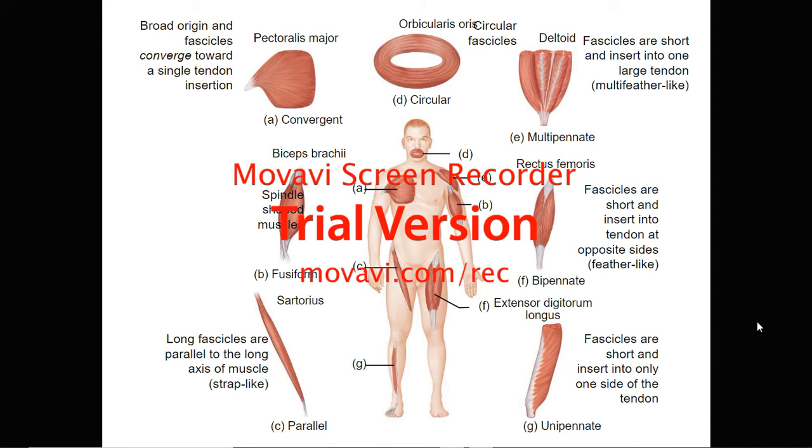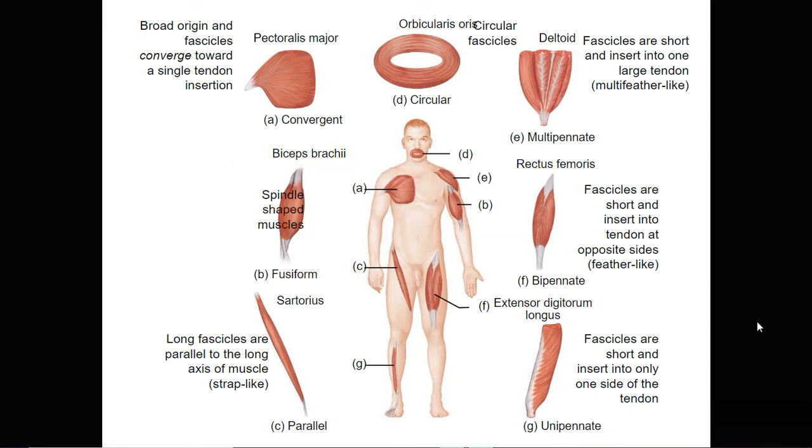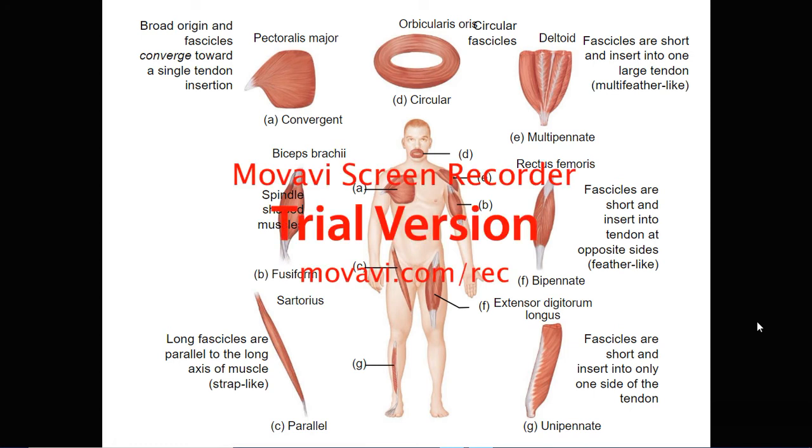All right, so for fascicles arranged in a parallel arrangement, the length of the fascicles runs parallel to the long axis of the muscle. Such muscles are either strap-like, like the sartorius muscle of the thigh, or spindle-shaped with an expanded belly, like the biceps brachii muscle of the arm.